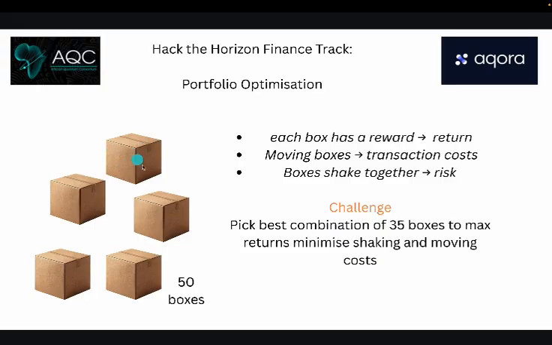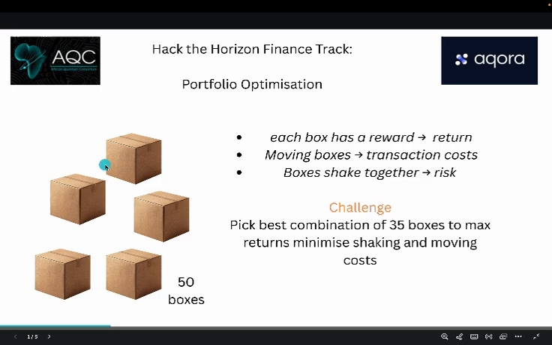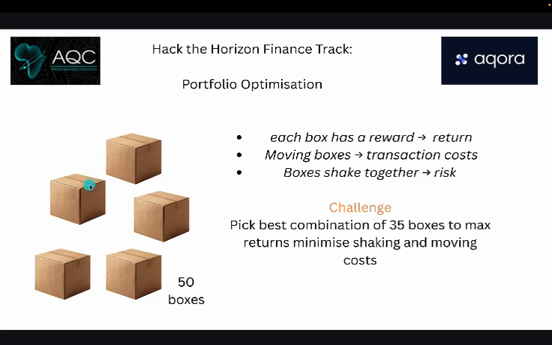Movement between these boxes, that movement being trading some of those assets, corresponds to the transaction costs that will be incurred. And if you were to group some of them, they will carry a specific risk together. So that introduces some of the constraints in these problems.